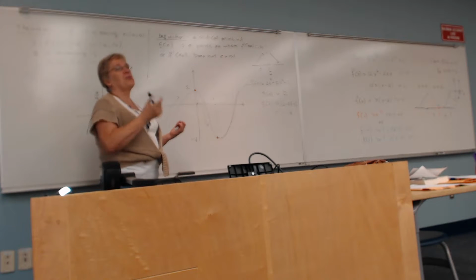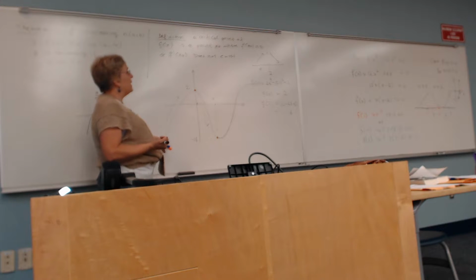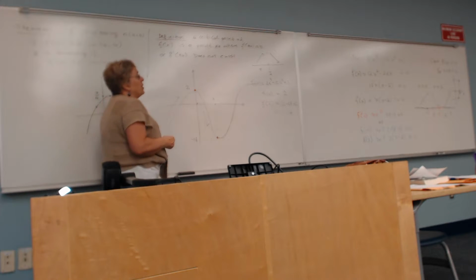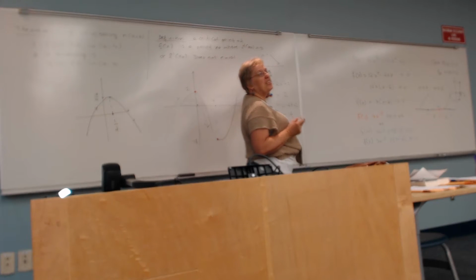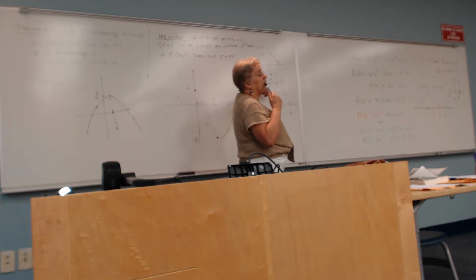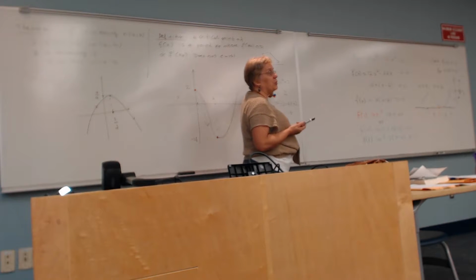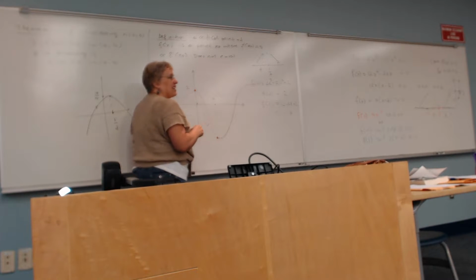So in order to contradict me, you have to tell me what happens at infinity. If I do the limit of this polynomial as x goes to plus infinity, I get plus infinity. If I do the limit at minus infinity, I get minus infinity, right?